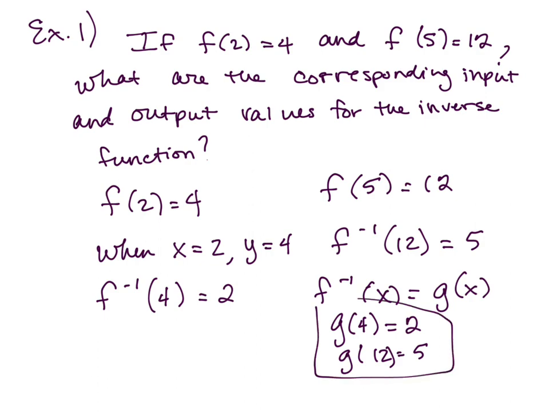It said, write a new function that's equal to the inverse. And what are its input and output values? So you just flip them. If on my function, x was 2, y is 4, then on the inverse function, x is 4, y is 2. Same thing, when x is 5, y is 12. On my inverse function, when x is 12, y is 5. Good? Any questions there? No? Okay.